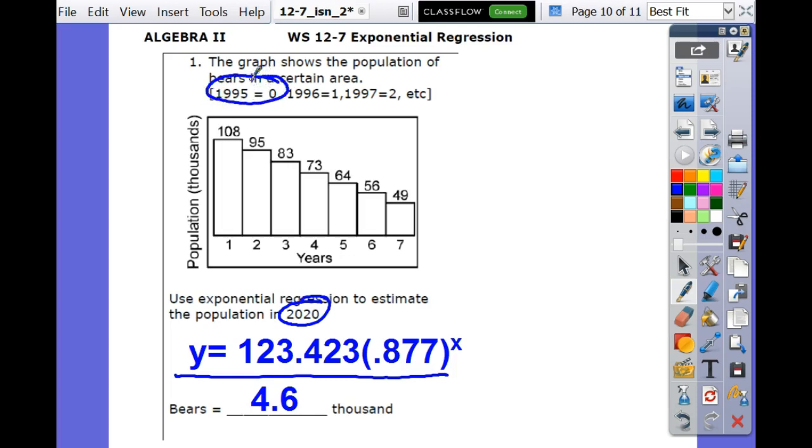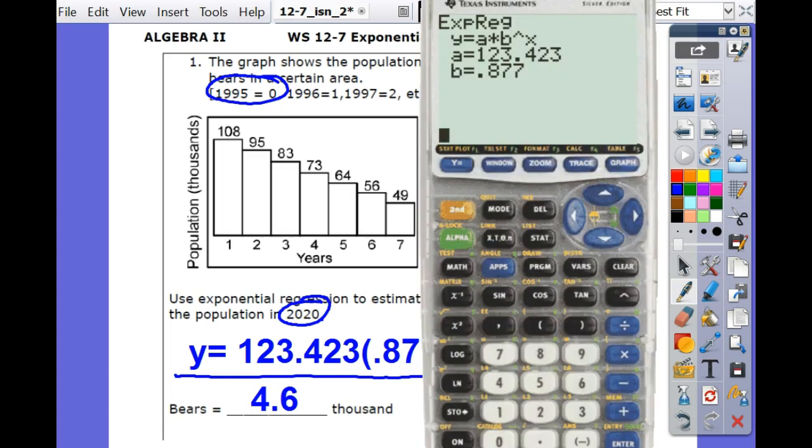This is the 0 year for my data. If I start at 1995 and go to 2020, how many years is between 1995 and 2020? Try 25.